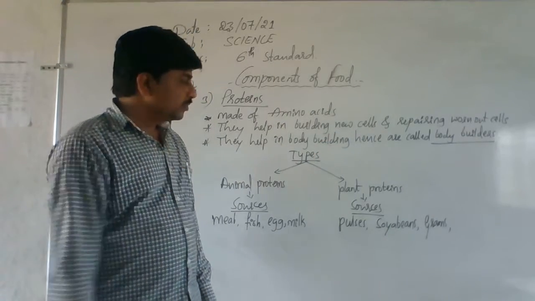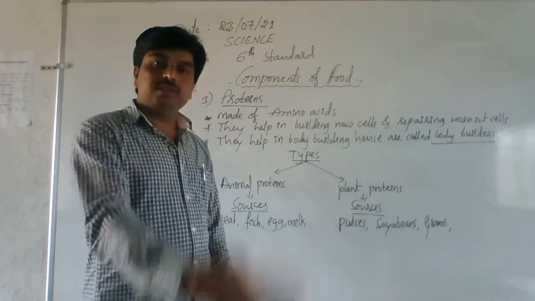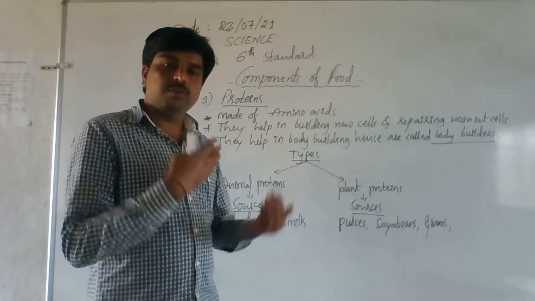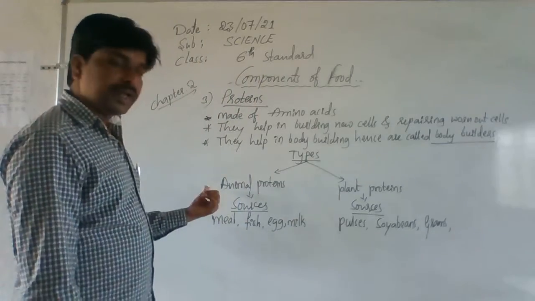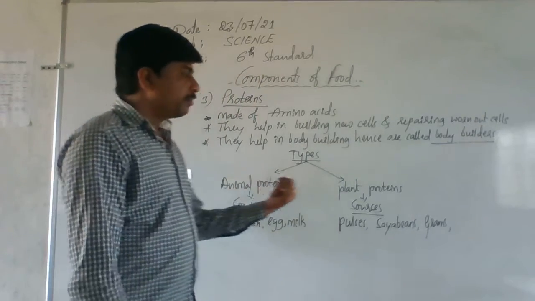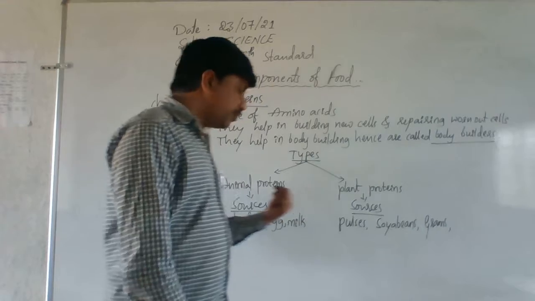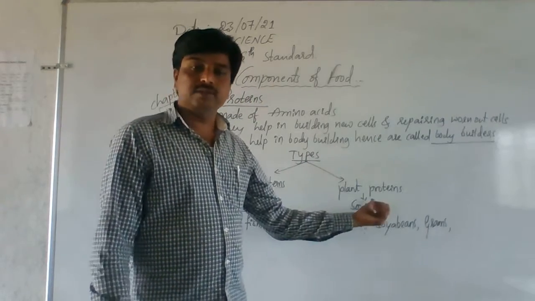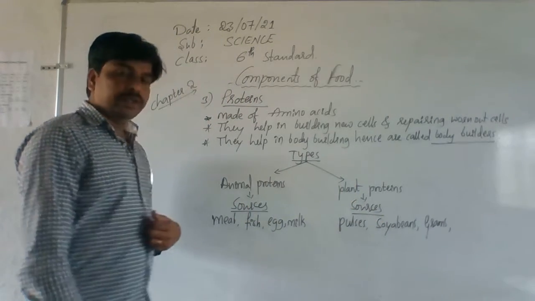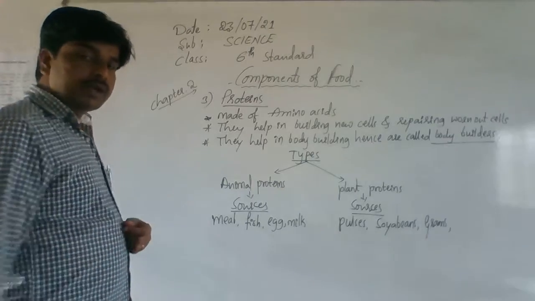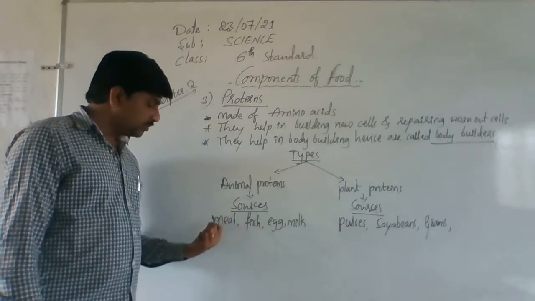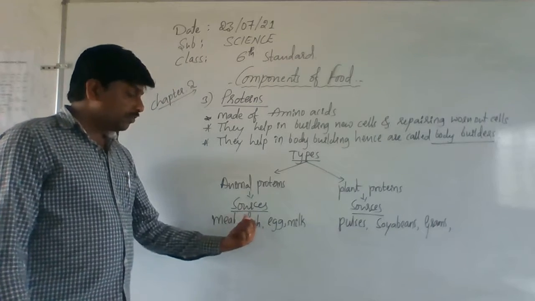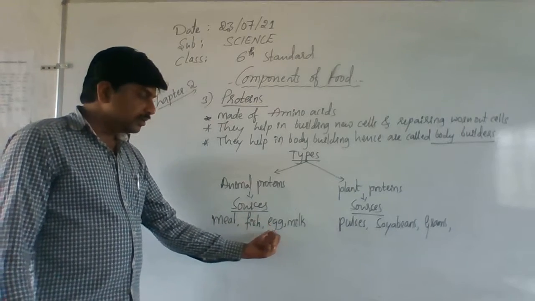And let's come to types. Depending upon the source from which we get the proteins, they are classified as animal proteins and plant proteins. And what are the sources? From which food do you get proteins? See, the sources of animal proteins: meat, fish, egg, and milk.